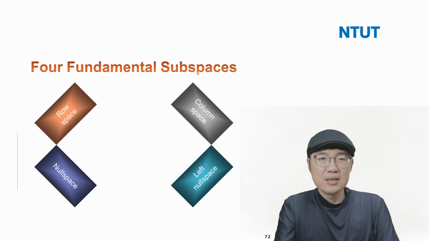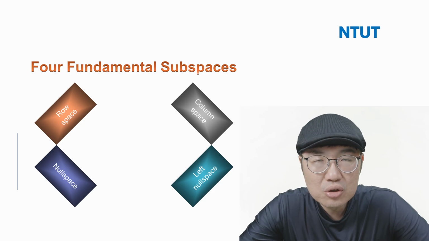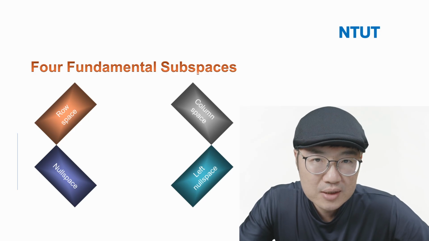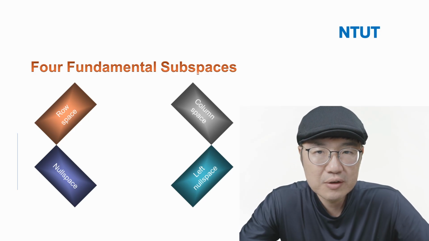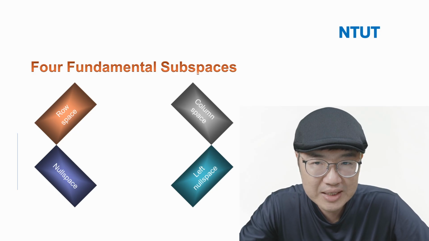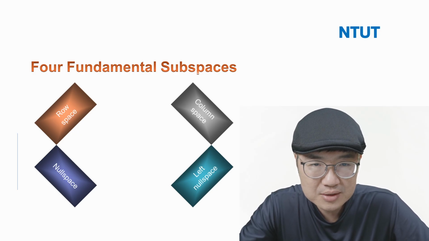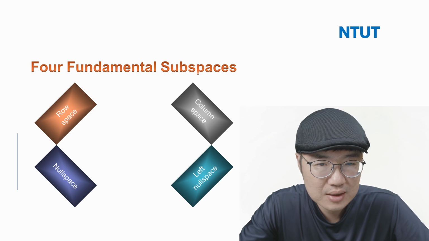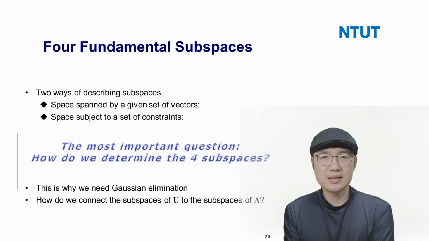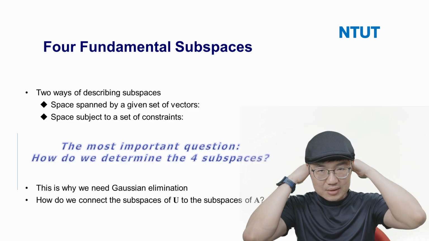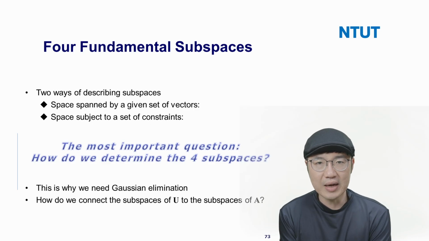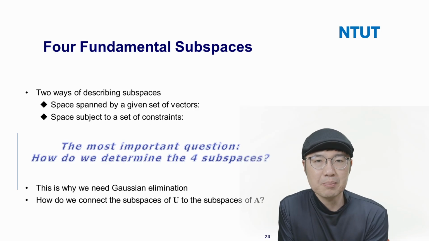So now this short course has lasted about two-thirds, and it's the time that we formally find the four fundamental subspaces: row space, null space, column space, and then left null space. There are two ways to identify the basis of a subspace. The first way is to find it by spanning.